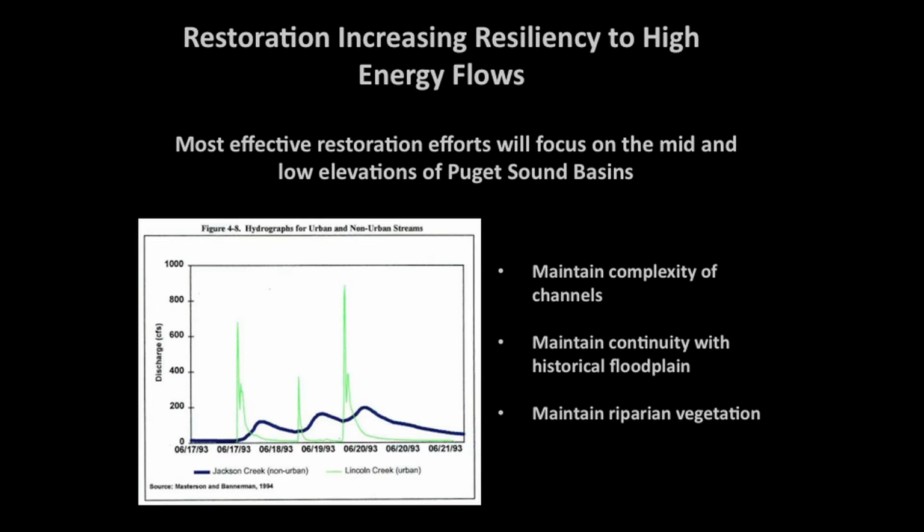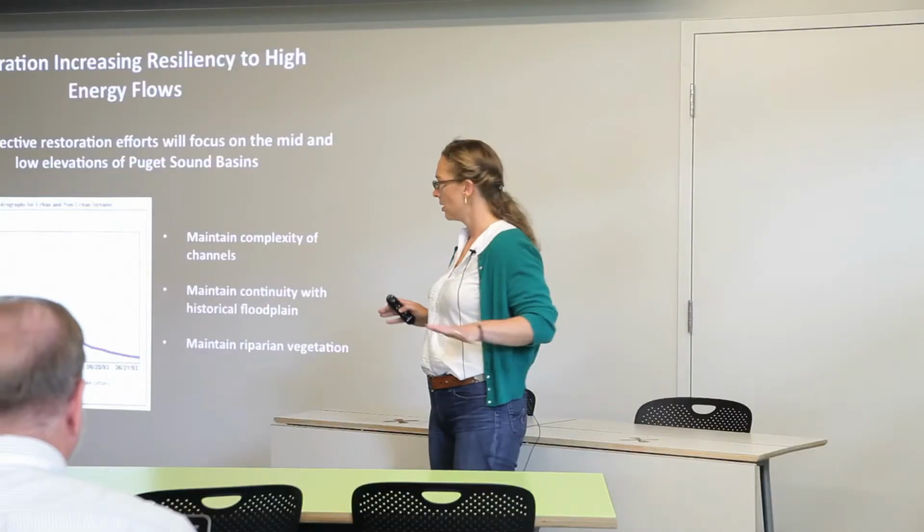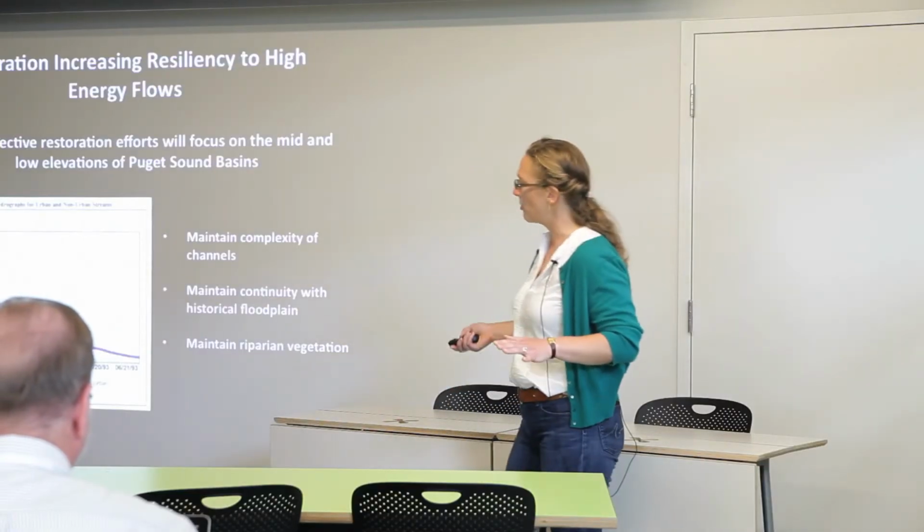But there are certain actions that we can take, and we can use this data to inform managers. This is hard to see, but it's essentially a hydrograph, on a much smaller time scale, of an urban flood. You get these really high, flashy peaks compared to a less urbanized area, Jacobs Creek. The difference is that you have a lot of impervious surfaces, a lot more concrete.